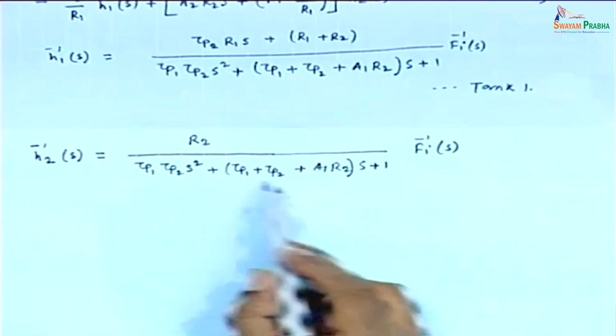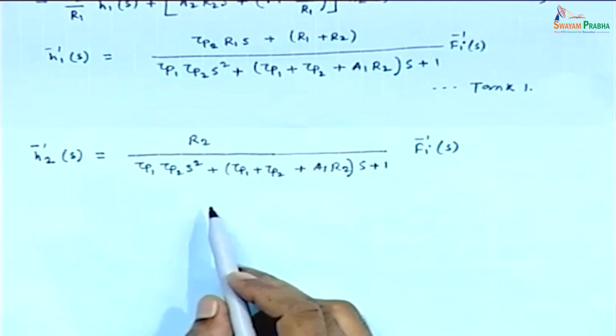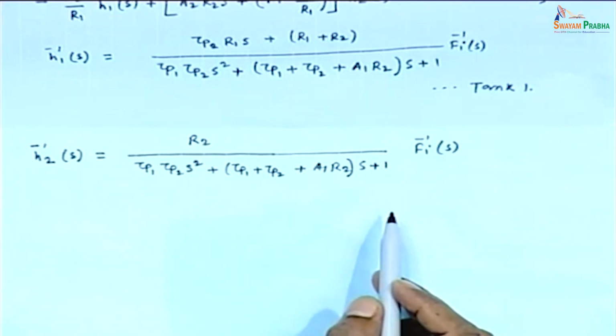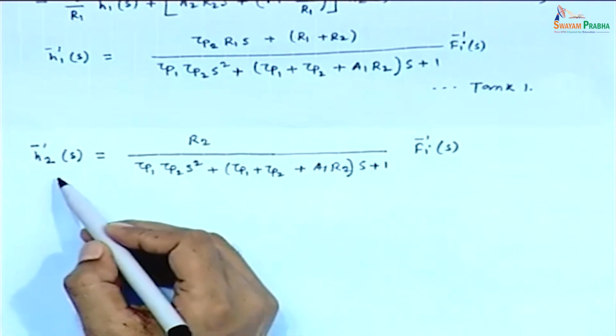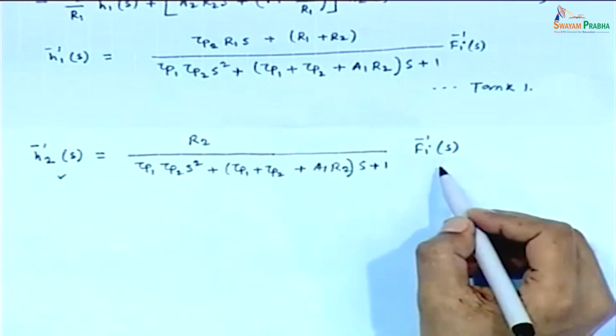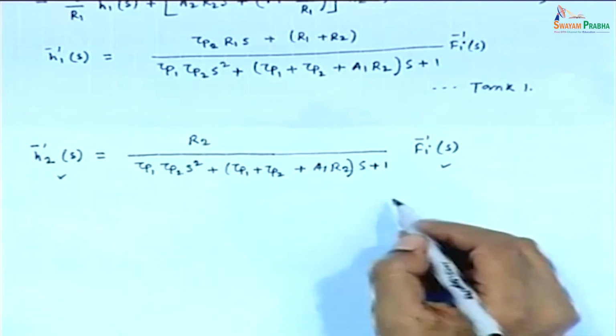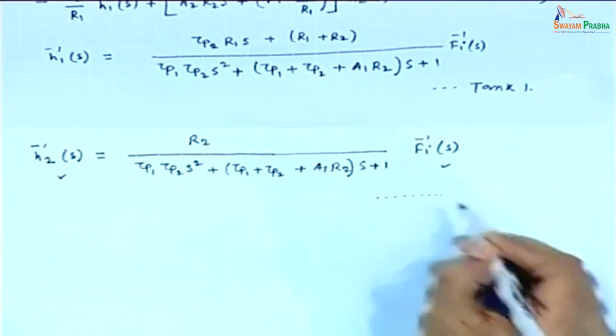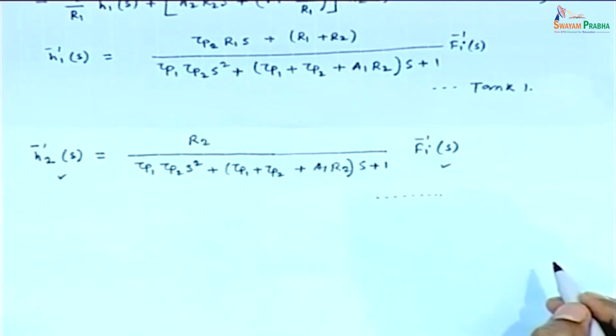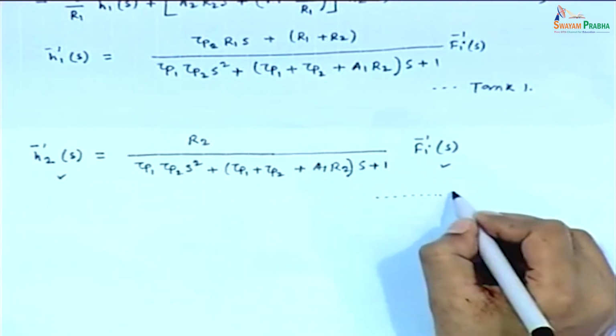Fine. So, can we say that this is the representation of overall transfer function? Because overall transfer function we can represent by H2 bar prime S divided by Fi bar prime S. So, this overall transfer function we obtain for the case of interacting system.